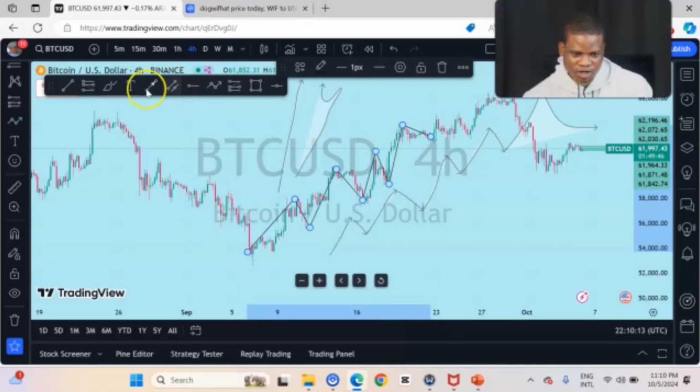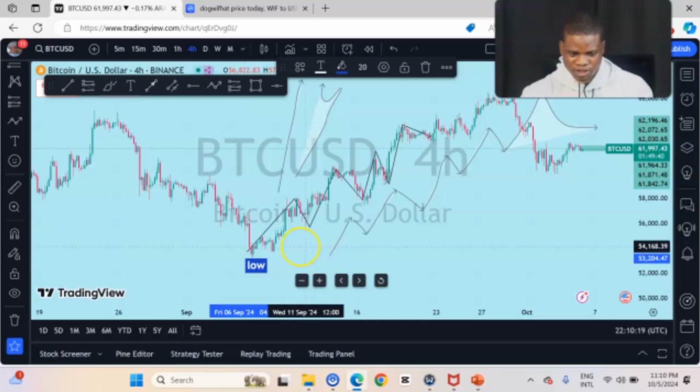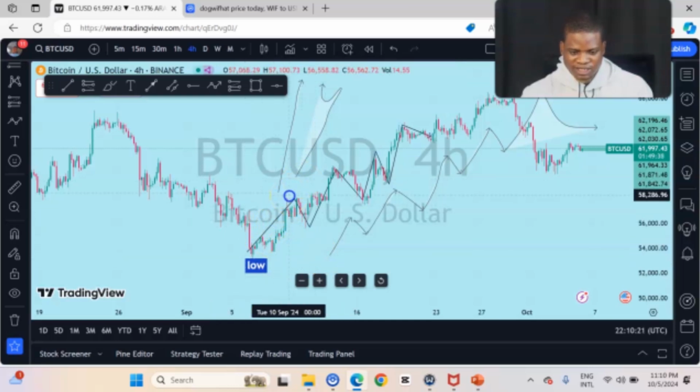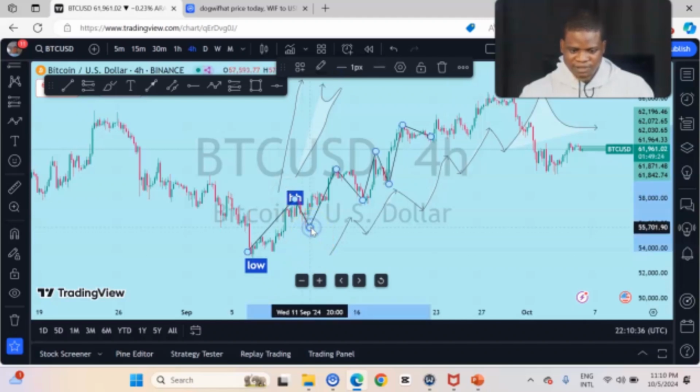It started here, so we call it the low, because it's a lower point, right? Then it moved up, and we call this the higher high, HH. Right? Then the market comes down, we call it the higher low.